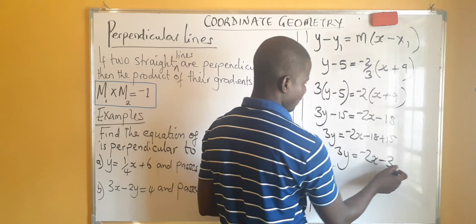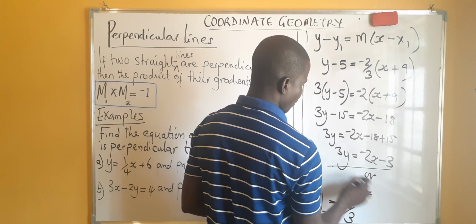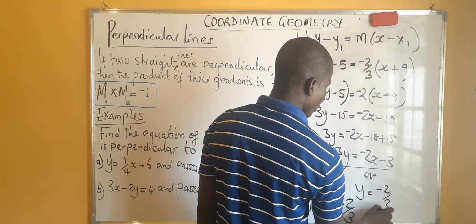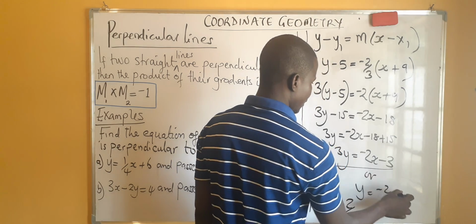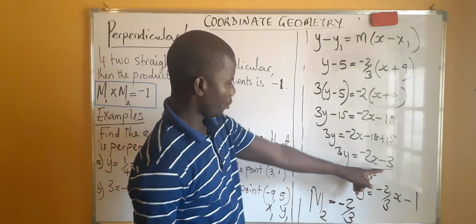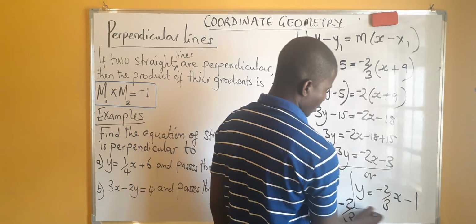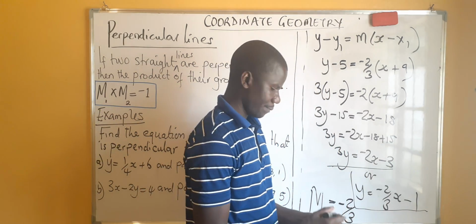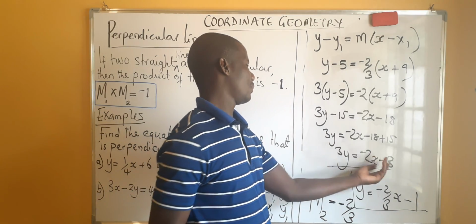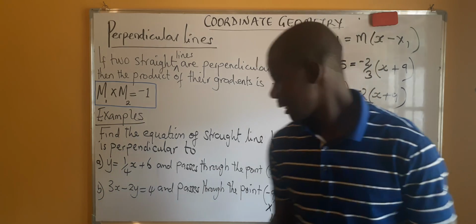Then you can leave it at this point, or if you want, you can divide throughout by 3, where you get minus 2 over 3 x, and the 3 divided by 3 gives you 1. So it could be this one or this. Or if you want, you can write it in standard form, where you bring this one to the other side, then you just have equals to minus 3 there.